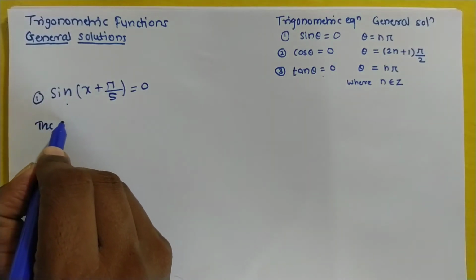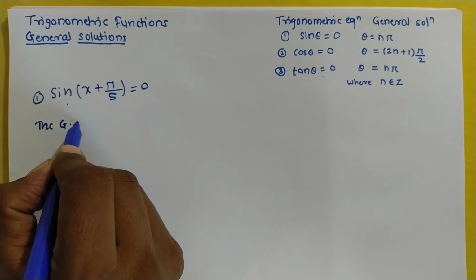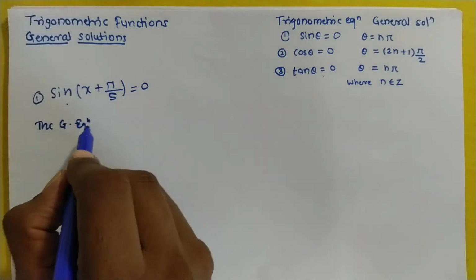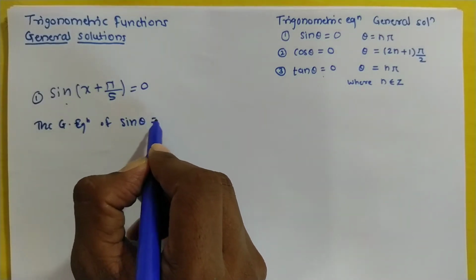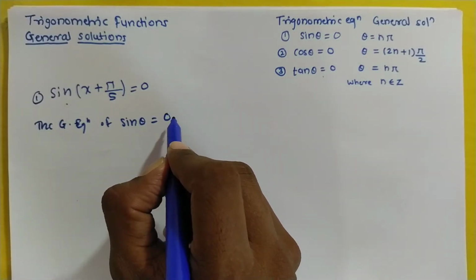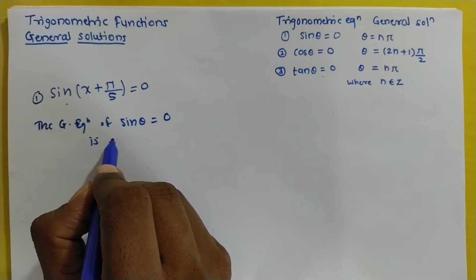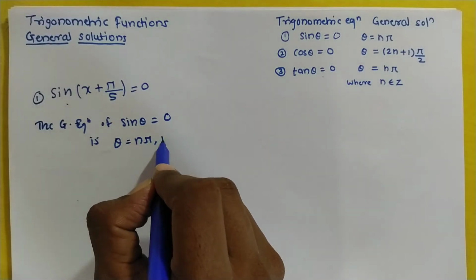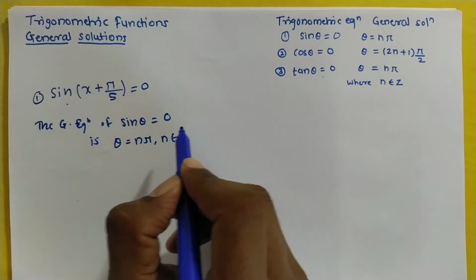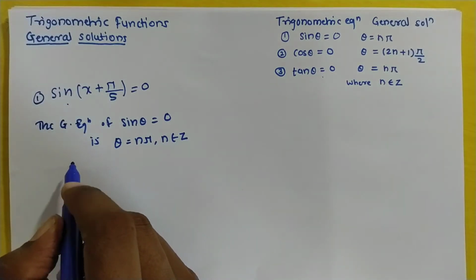So the general solution of sin theta equal to 0 is theta equal to n pi, where n belongs to the set of integers.